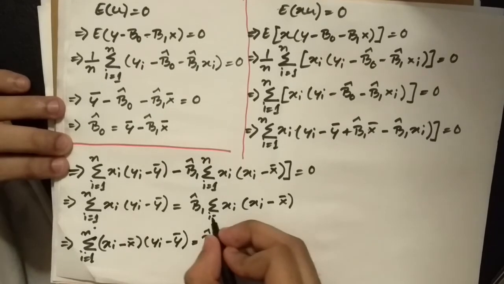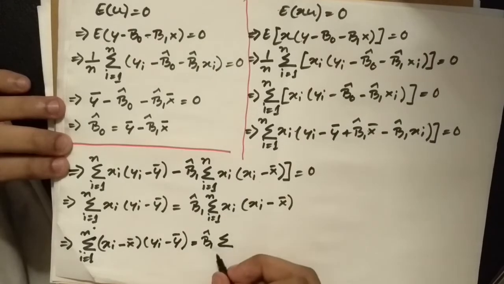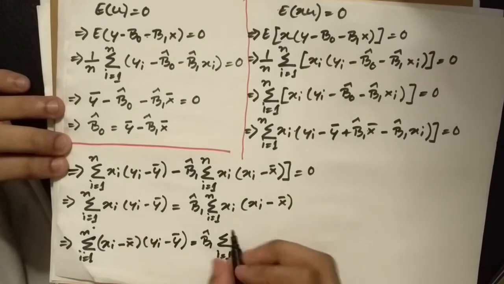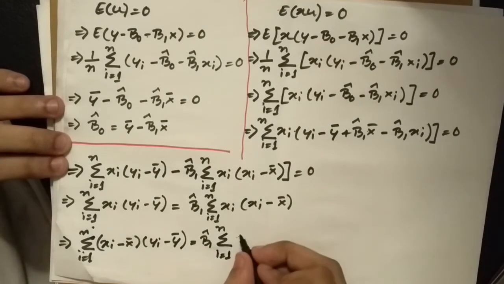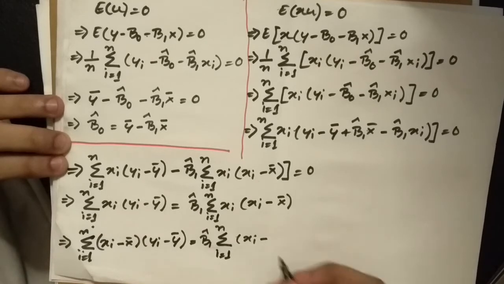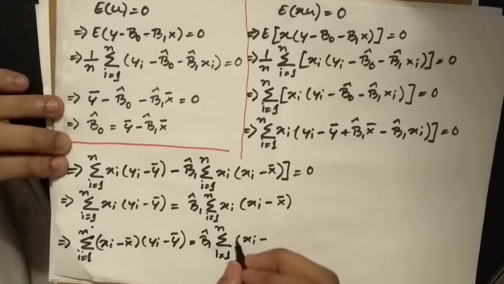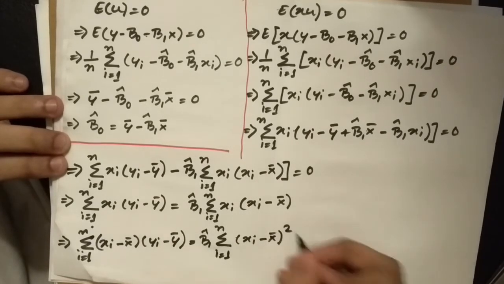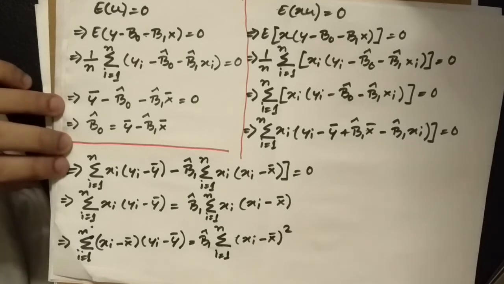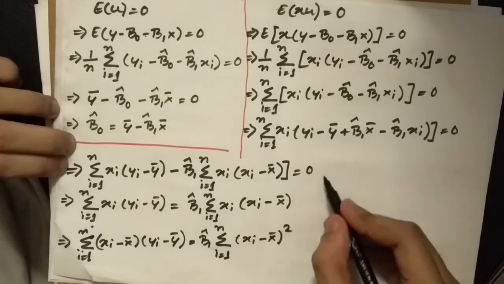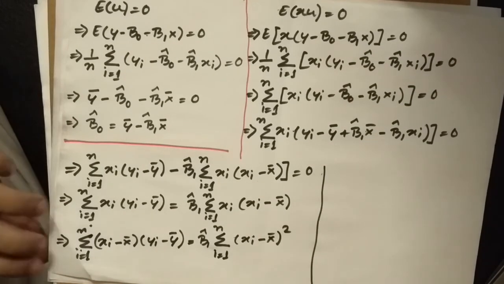So summation of i equals 1 to n (xi minus x bar) whole square. So from this we can now get the value of beta 1.